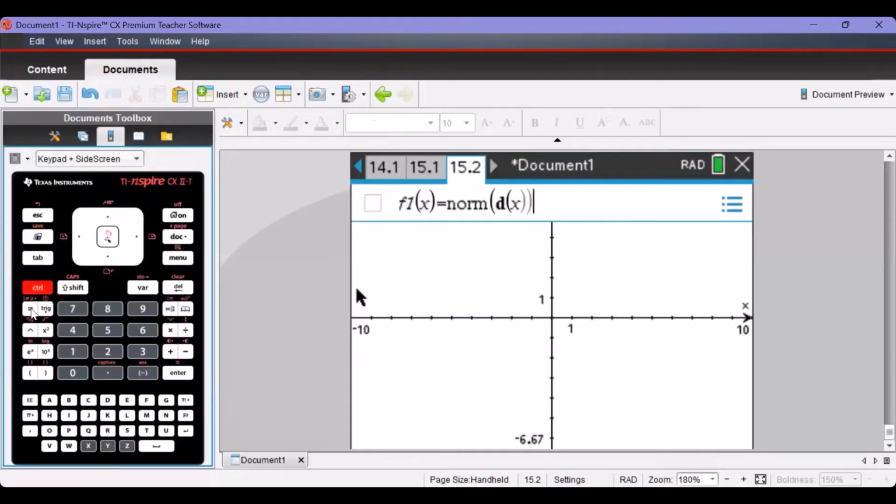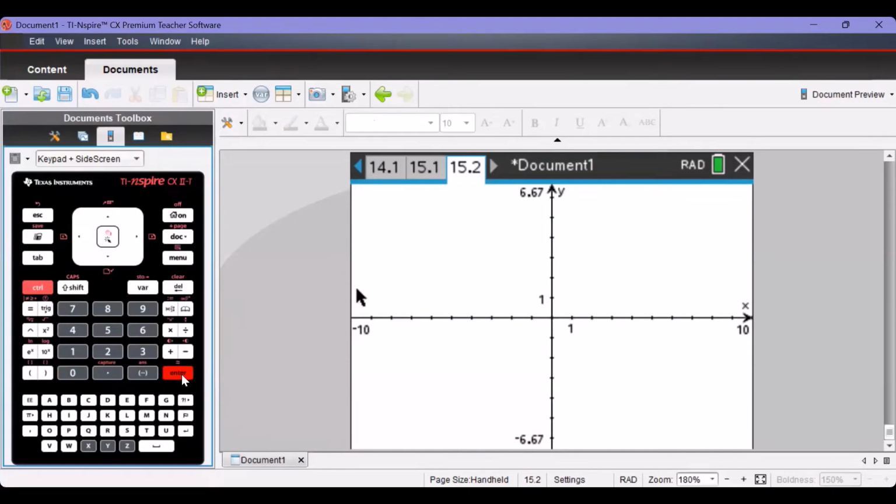So what we'll do is we'll put in the greater than or equal sign. So we'll type in given, then x greater than or equal to 0, like so, and then press enter.